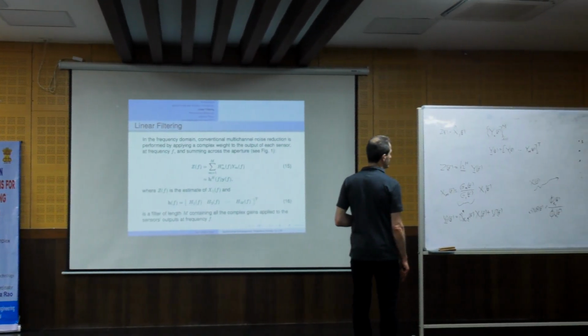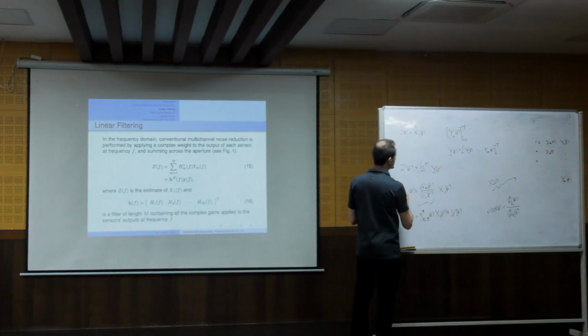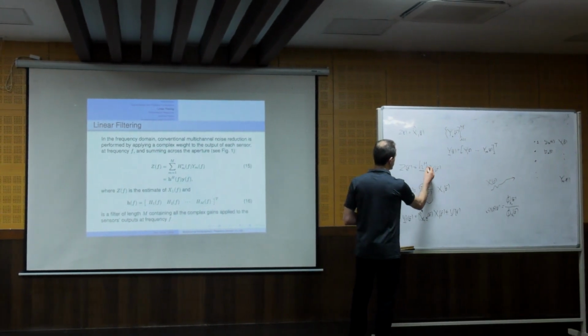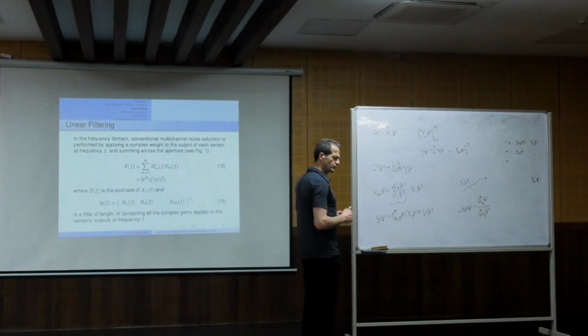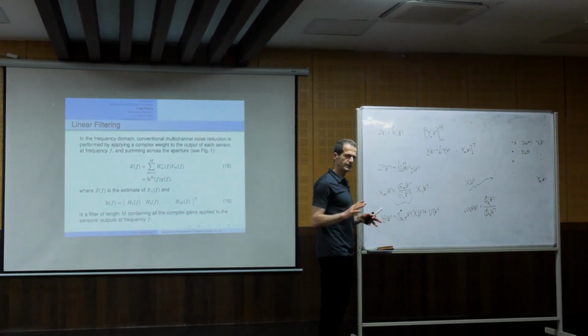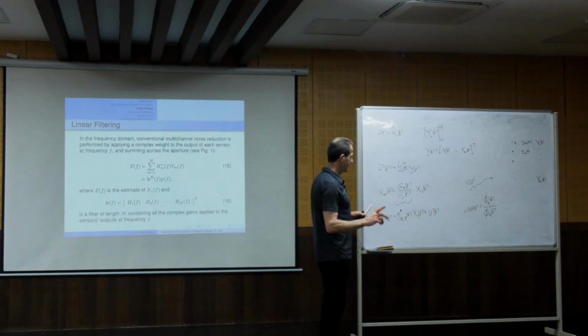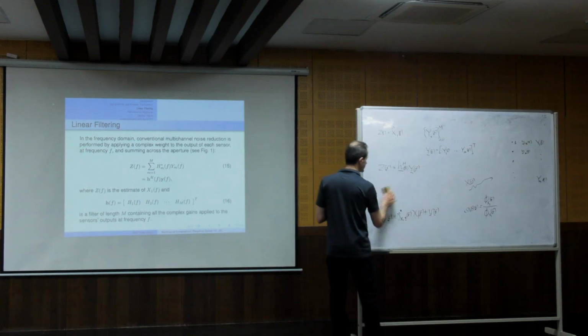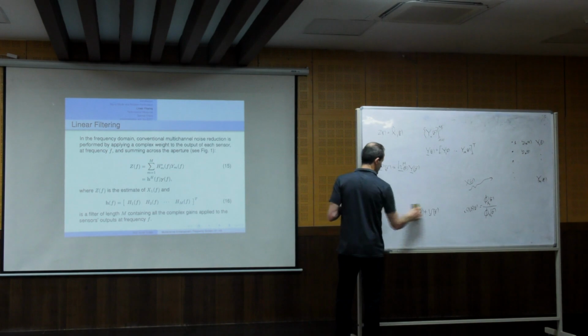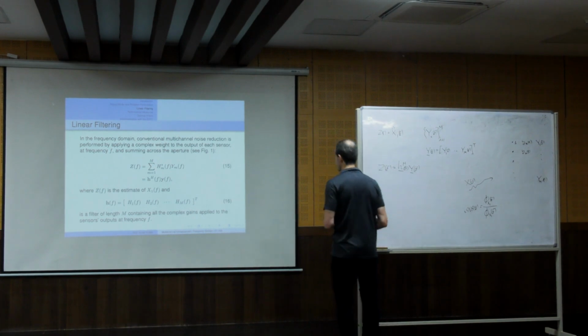Okay, so by the way, this filter is for each frequency. So I need to add here F, because we work on each frequency separately. So the filter for each frequency is a vector of length m. It's not the same filter for all frequencies, of course. That's why it depends on the frequency.